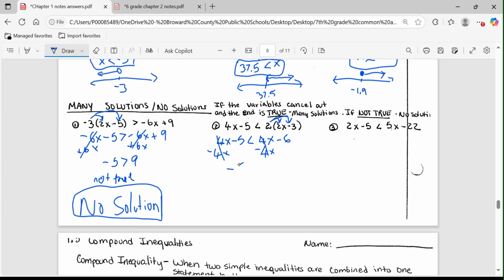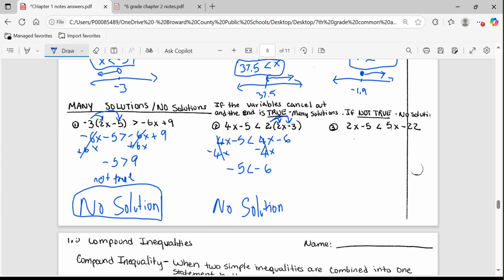And then I have -5 is less than -6. Is -5 less than -6? All right, so the answer to that is nope, it is not. -5 on a number line is in fact greater than -6. And so the answer for this is also no solution.